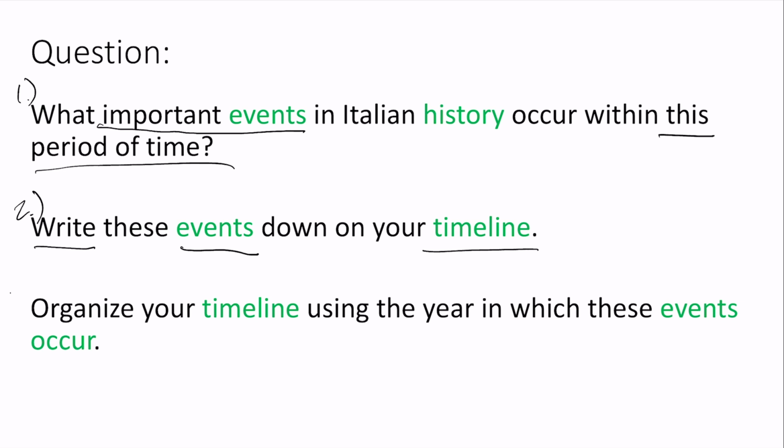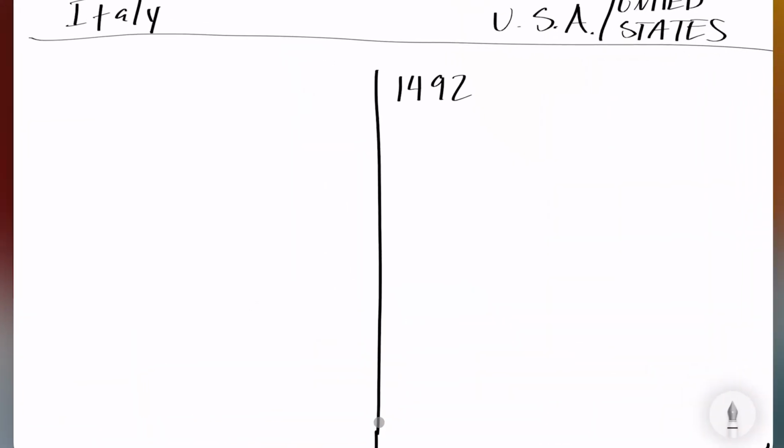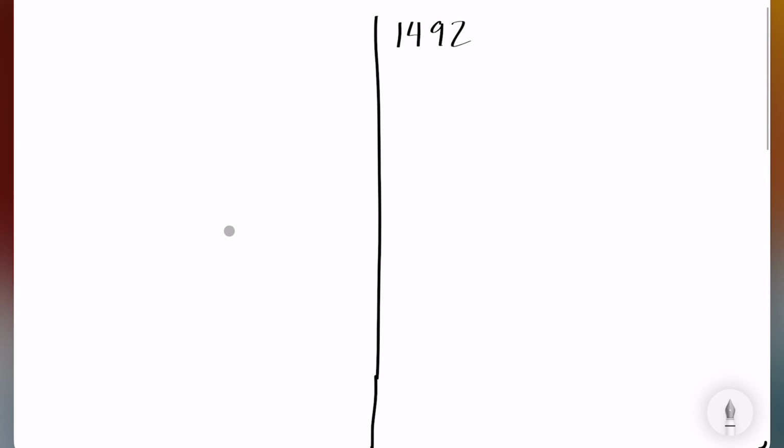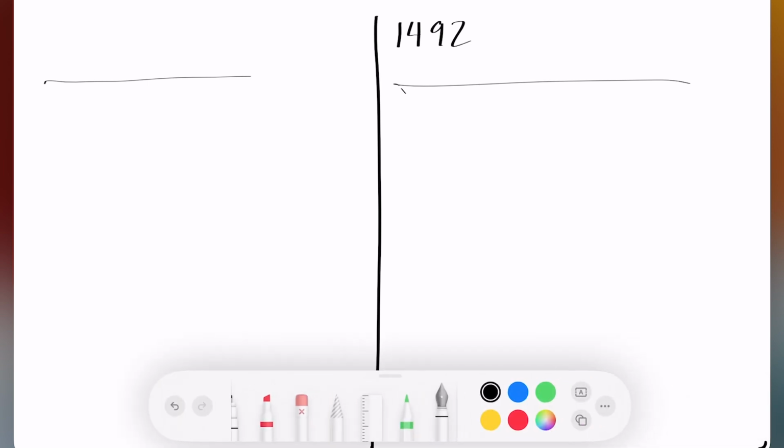And finally, I want you to organize your timeline using the year in which these events occur. Let me show you. So if, for example, you have an event that begins close to 1492, that is where I would want you to write your event, okay?